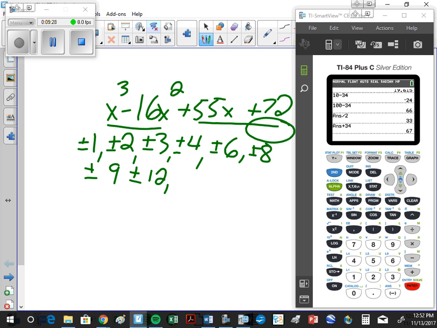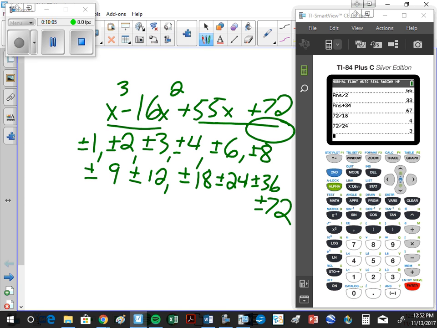No. 17. 18. I think 18 is actually going to work. 18, 19, 20, 21, 22, 23, 24. I think. Yep. 25, 26, 27, 28, and 36, and 72. Ouch. Those are every number that go into 72.